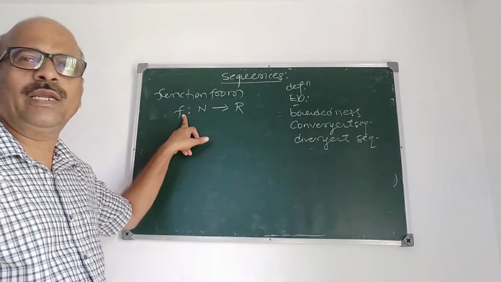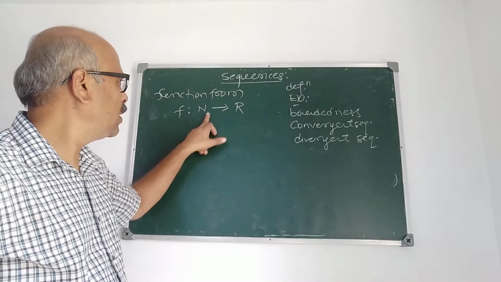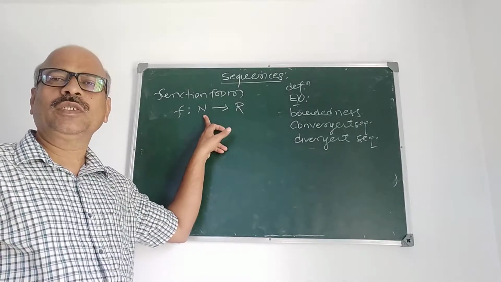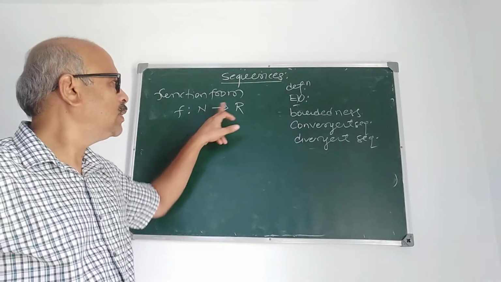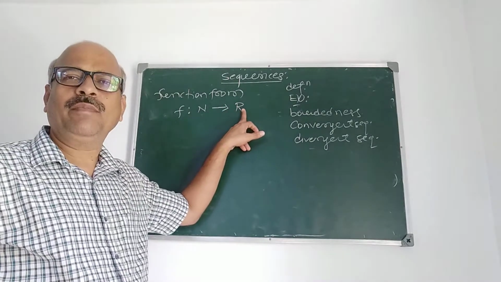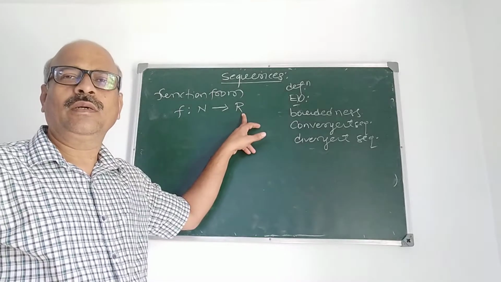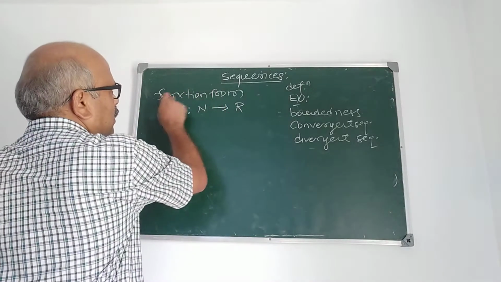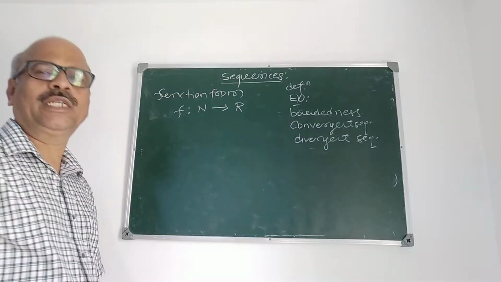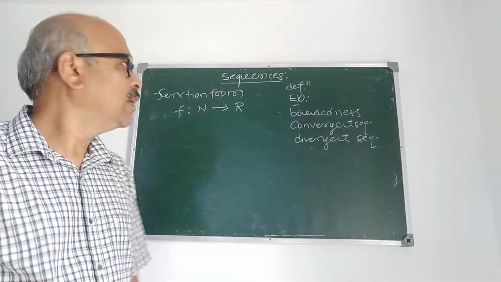The function is denoted by f. The important thing is that the domain of this function is natural numbers, and the codomain may be the real numbers or a subset of the reals. So the definition is like this: a sequence is a function from the set of natural numbers to the set of reals.